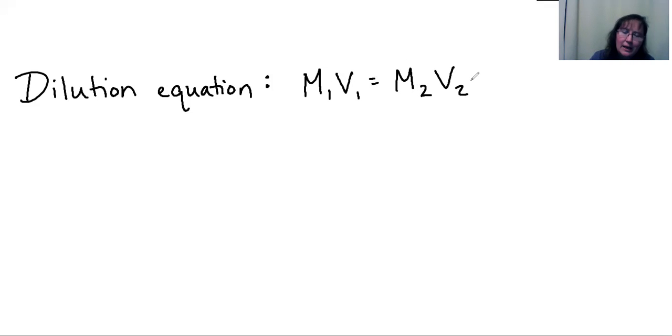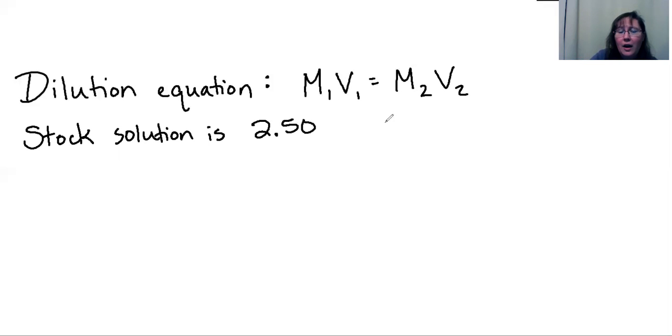Now this can be really tricky. Remember that we had that solution before, I'm going to continue to use that. So let's say that our stock solution is 2.5 liters of a 3 molar potassium phosphate solution.